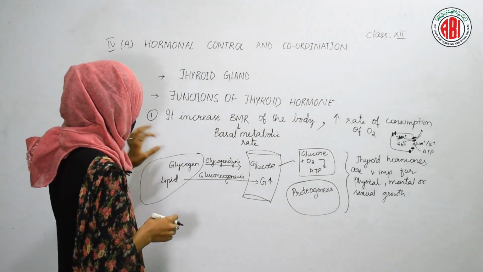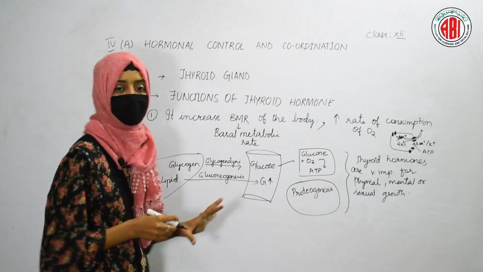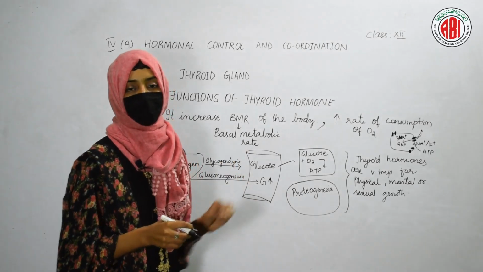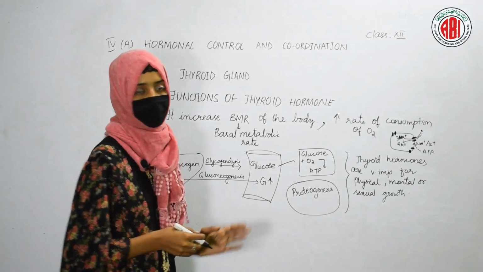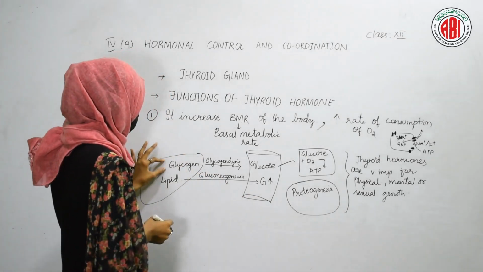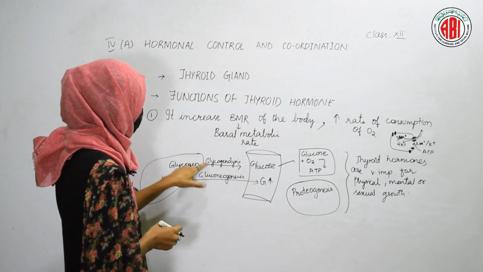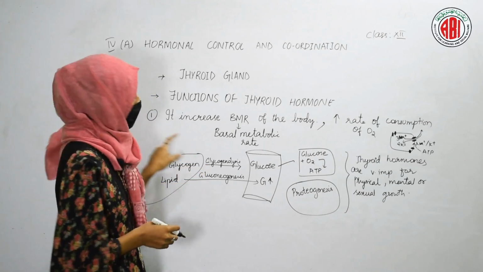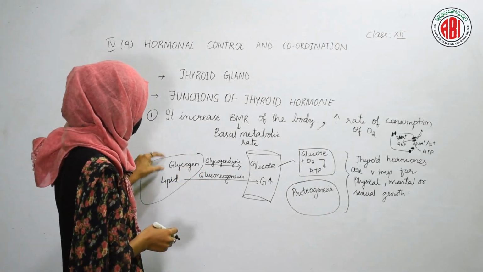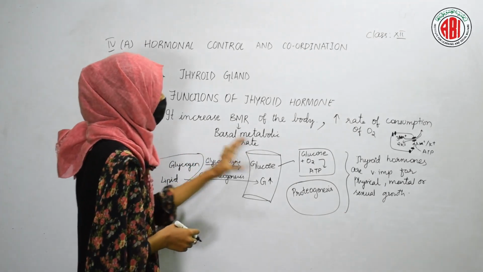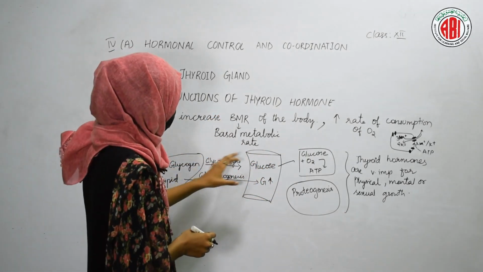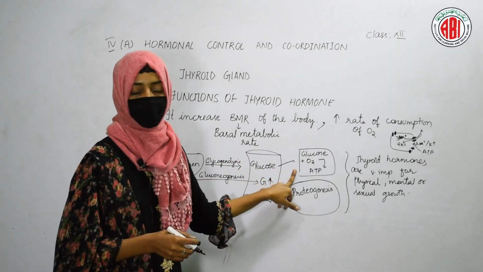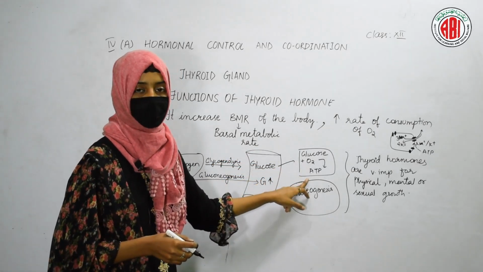Here it's given that glycogen and lipid, these substances can be broken down in order to produce glucose. This is a basic thing, right? So when glycogen breaks down, that process is called glycogenolysis, and the glycogen, after breakdown, forms glucose, and the glucose can be transported into the blood, and when that glucose reaches the cells, it will combine with oxygen to release ATP.